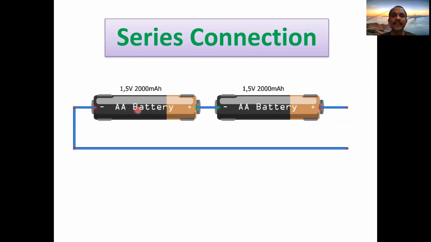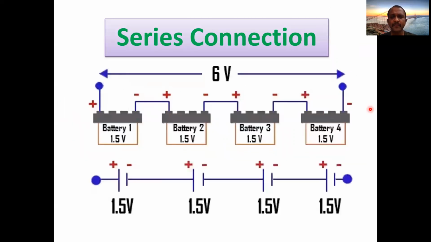These two batteries add up and the voltage across these terminals is 3 volts. As they are connected in series, the current remains the same. 1.5 and 1.5 becomes 3, so 3 volts will be across these two terminals. That's what we have to understand from the series connection.